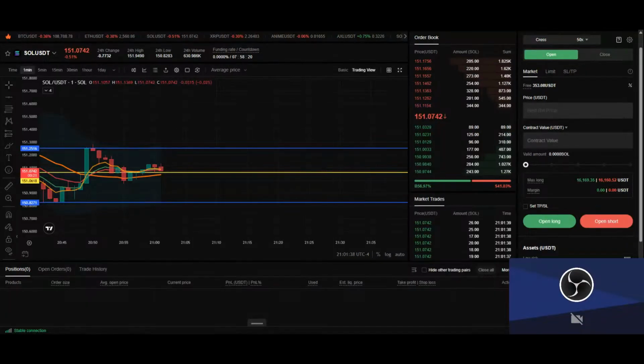I mean, this is it, guys. This is as exciting as trading gets, right? We're just watching candles print, looking for the money.